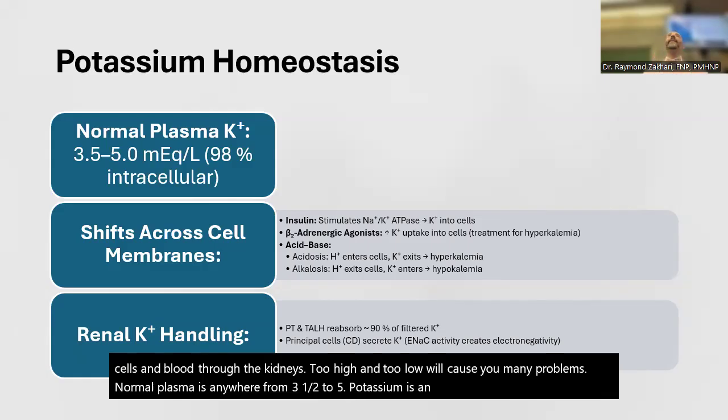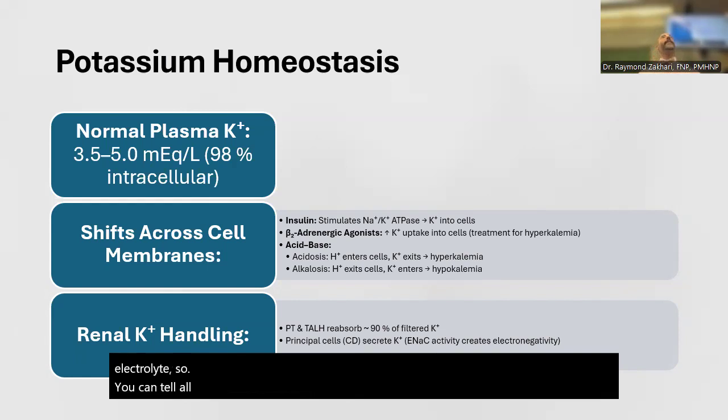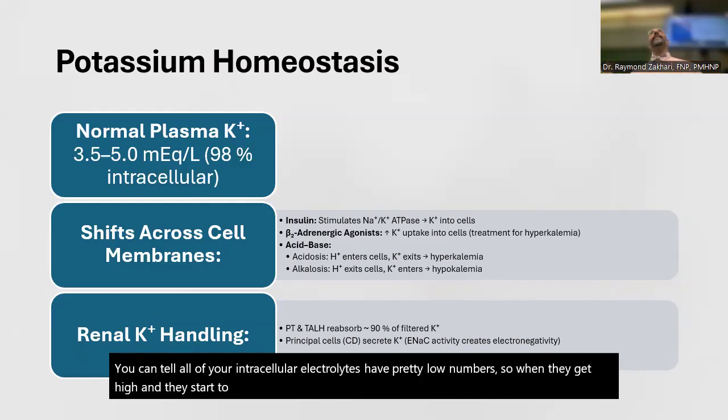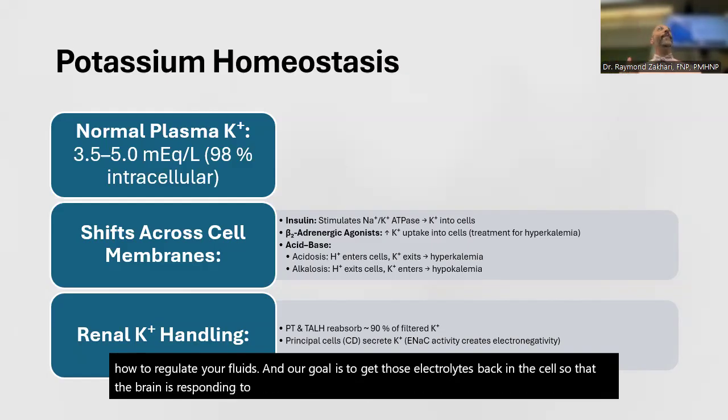So you can tell all of your intracellular electrolytes have pretty low numbers. So when they get high and they start to float around, that's what causes the brain to act differently and tells you how to regulate your fluids. And our goal is to get those electrolytes back in the cell so that the brain is responding to what's circulating around them.